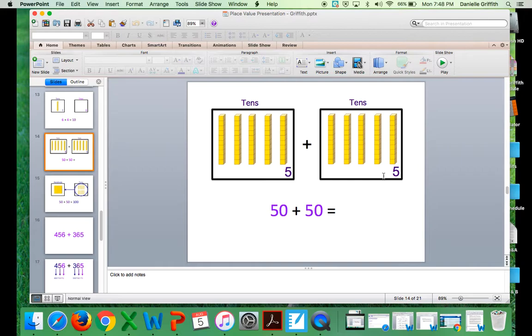We do the same thing in each place. The tens place can't fit 10 longs in its place because 10 longs becomes 100. So let's take a look here. I have 5 tens or 50, and I'm adding another 5 tens or 50.